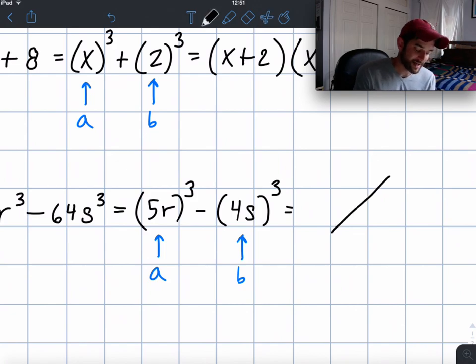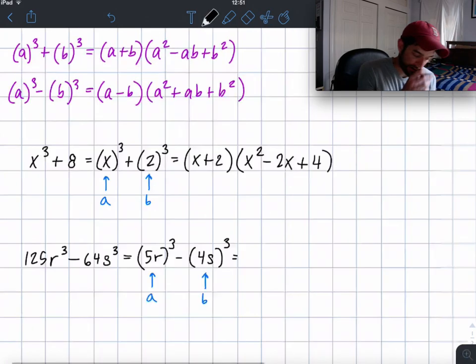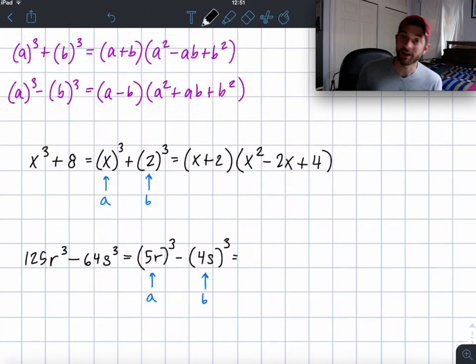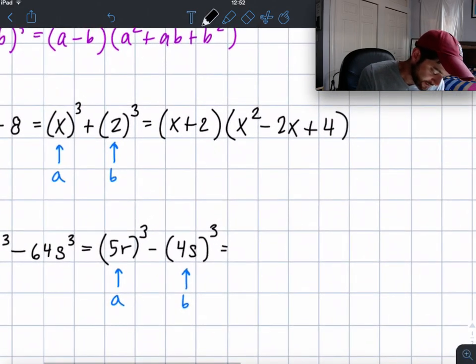So now I can plug that into our formula for a cubed minus b cubed. Again, the first factor is 5r minus 4s.